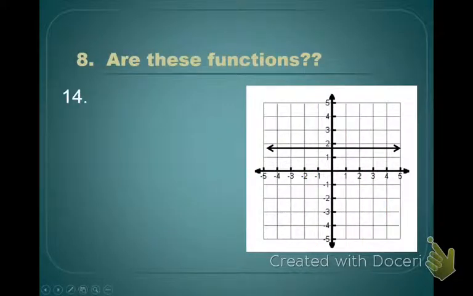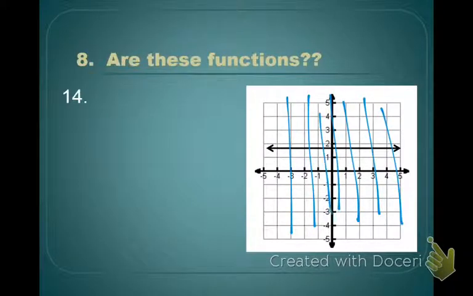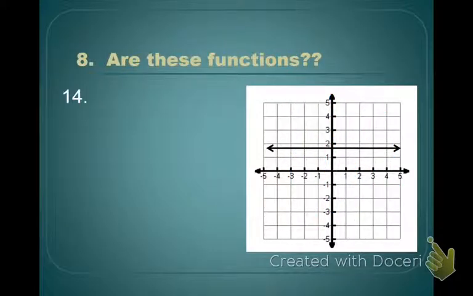What about this guy? Vertical line test. Anywhere you can draw a vertical line, how many times is that vertical line going to hit the graph? Right, so we're in good shape. Yes, passes, right?